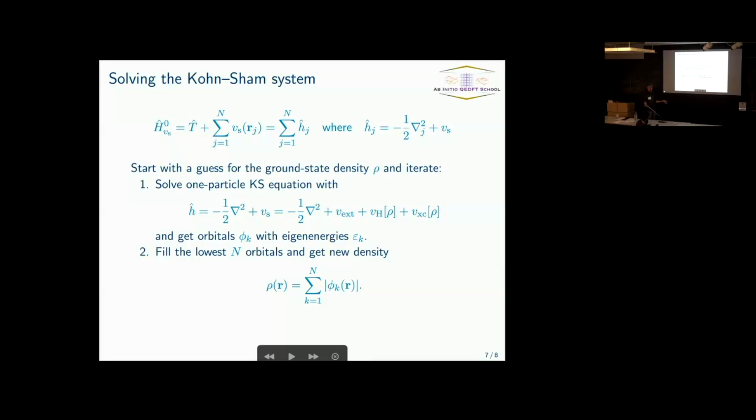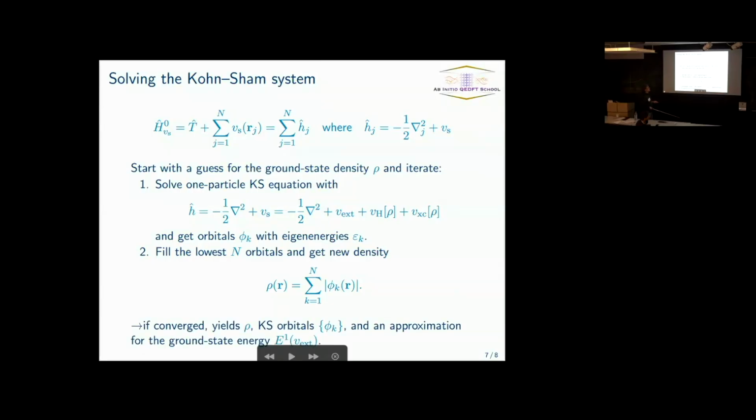So I have this very nice orbital picture that is super useful in chemistry. Chemists were already used before DFT to think in orbitals. I think that's why this received so much acceptance also in the chemistry community, because you have these nice orbital pictures. You have this very useful method. And if you even have good approximations, then yeah, you're done.